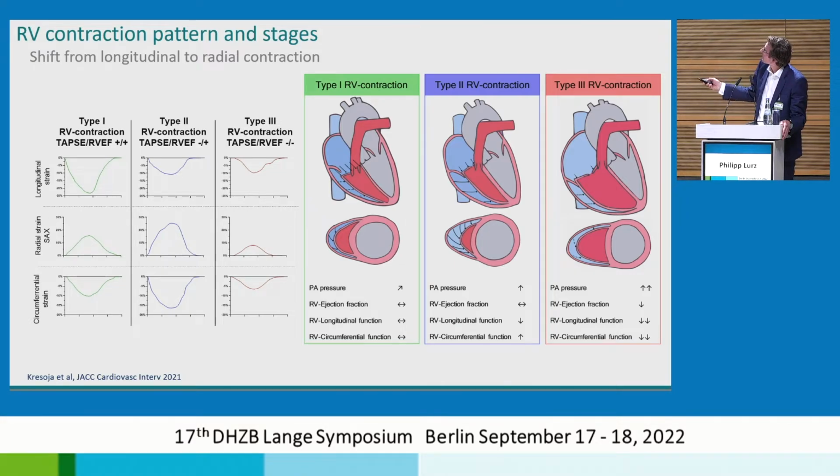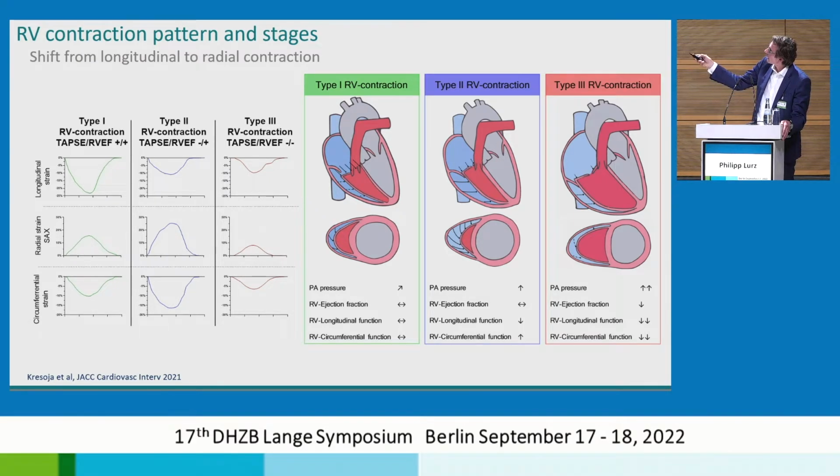So as a first stage of disease, we see good longitudinal shortening, and then in a medium stage of disease, the longitudinal function goes away, but it is compensated for by radial contraction and shortening.